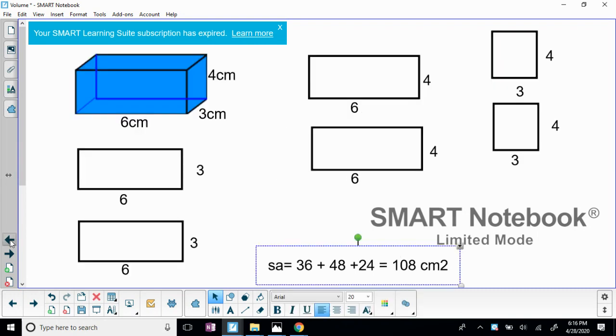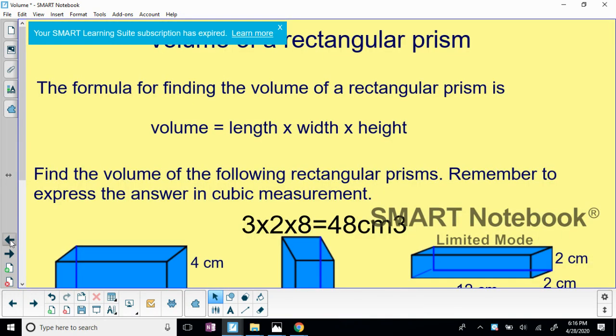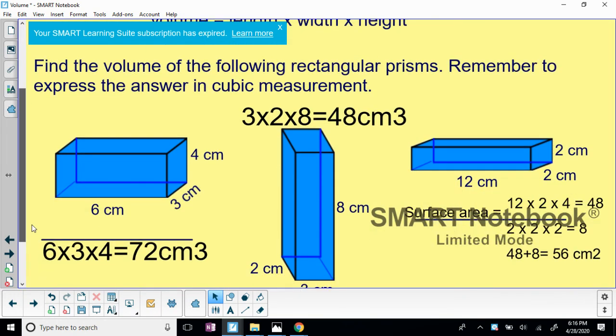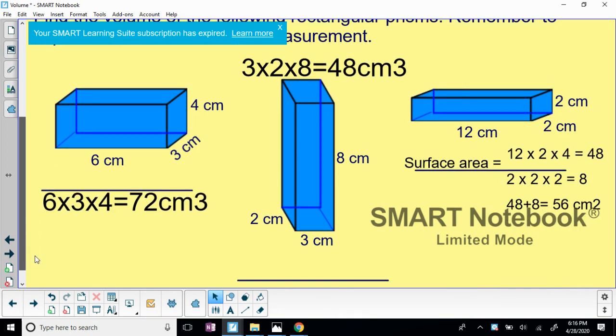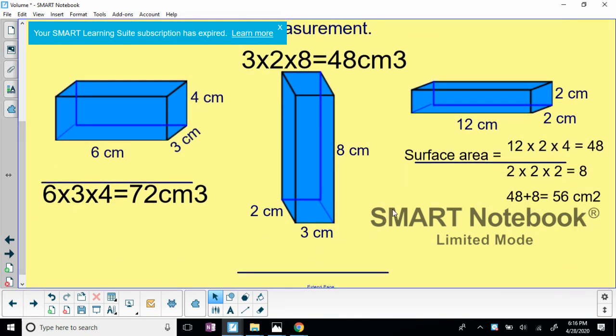And if we go to the third shape, right, we could do it even quicker when we have square faces, right? Because they're the same dimension. So see what I did here? We know that 4 faces are going to have these dimensions, 12 times 2. So I did 12 times 2 times 4.